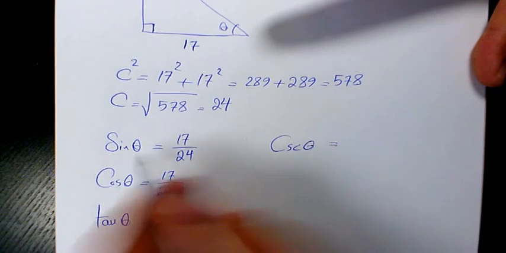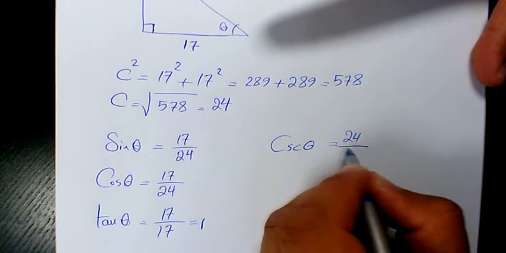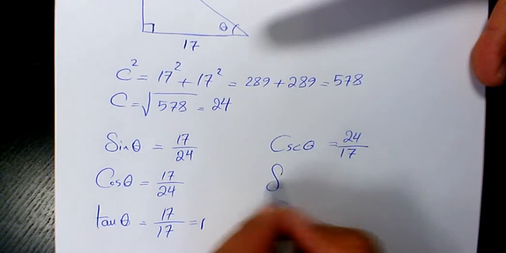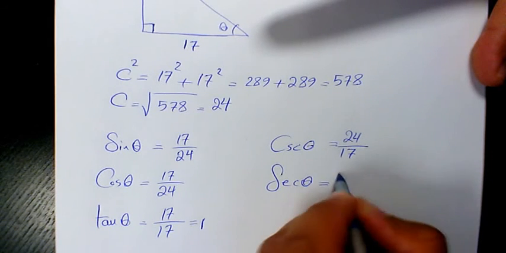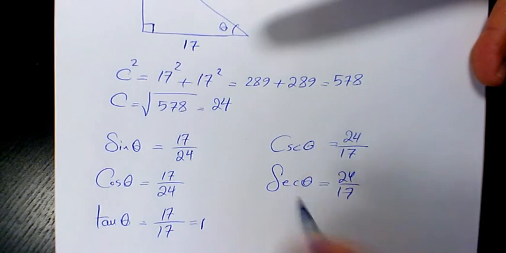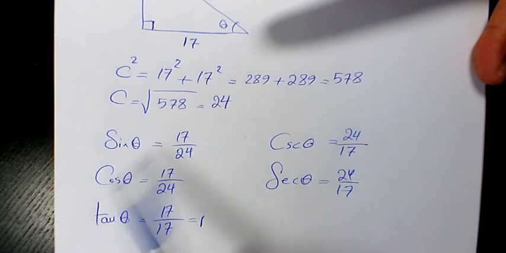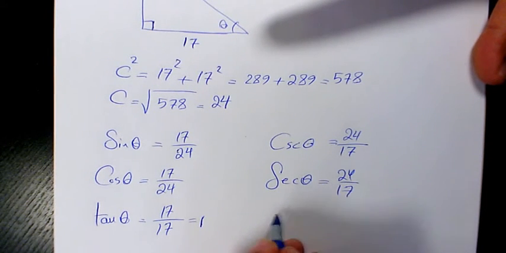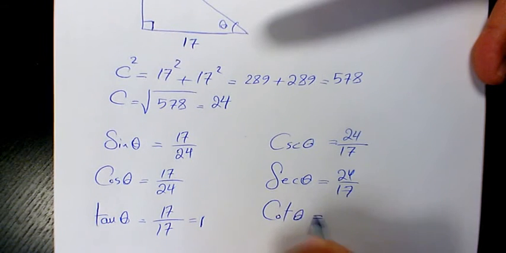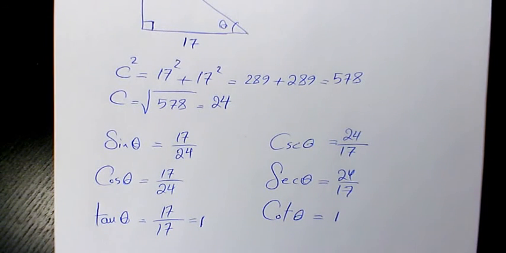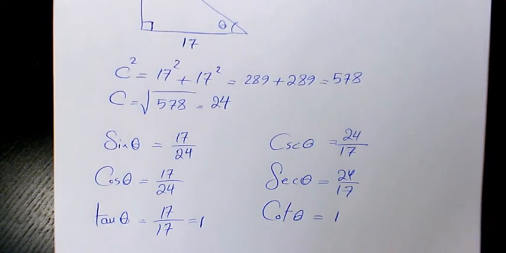Cosecant theta is inverse of sine. It's going to be 24 over 17. Secant theta is 24 over 17. This is going to be the same as cosecant. Like sine and cosine are the same as well. And cotan is going to be inverse of 1, which is going to be 1 as well. So these are the trigonometric ratios for this example.